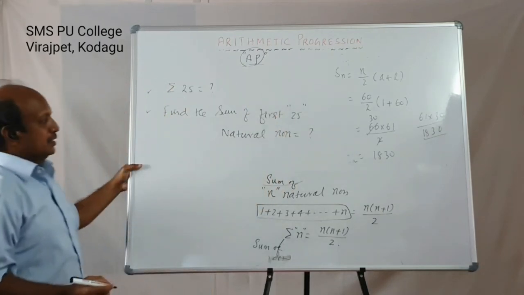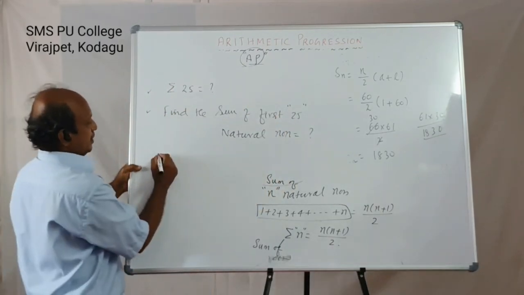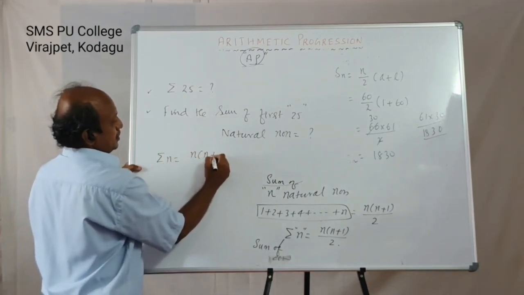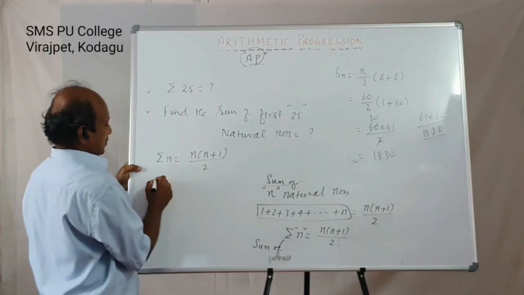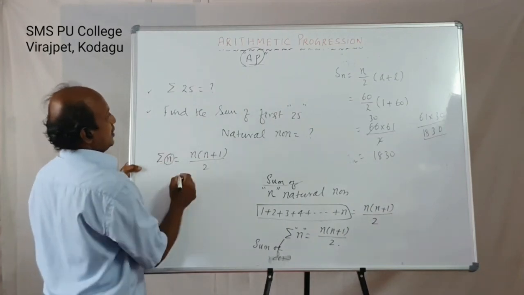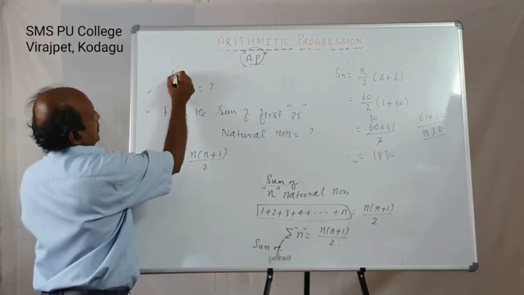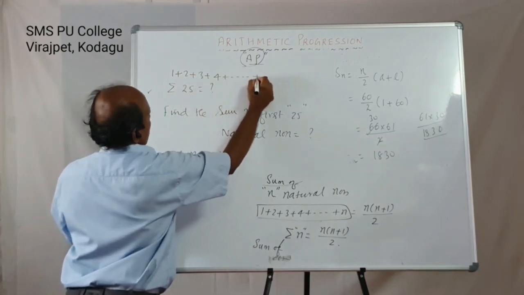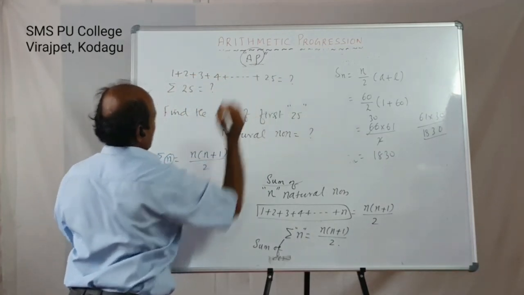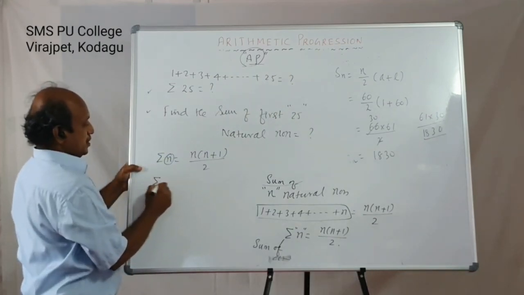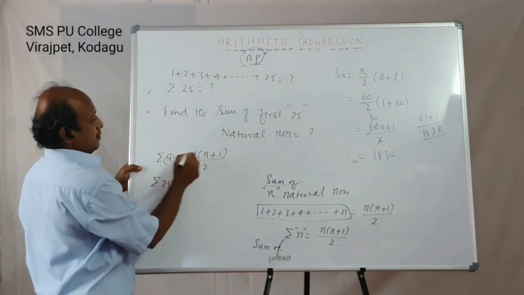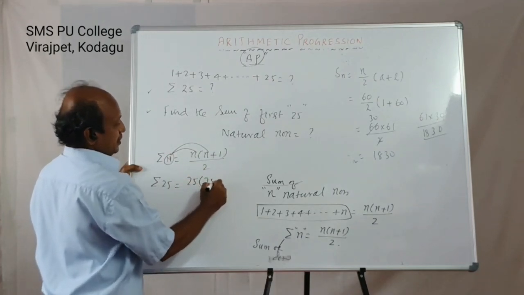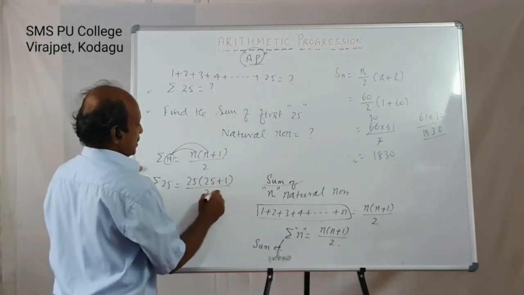You know the formula of sigma n is n into n plus 1 by 2. In the place of n, the number is 25. So 25 into 25 plus 1 by 2.